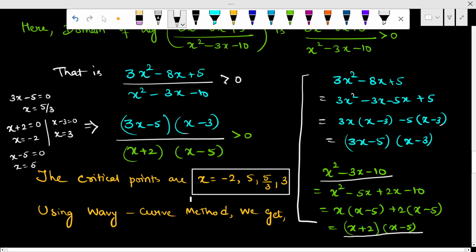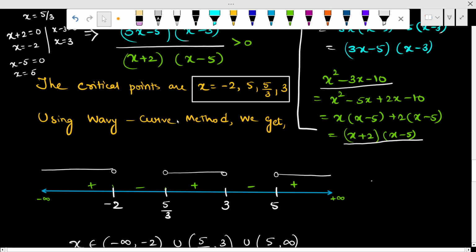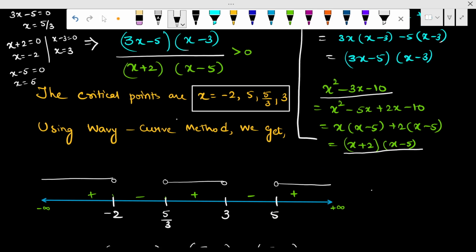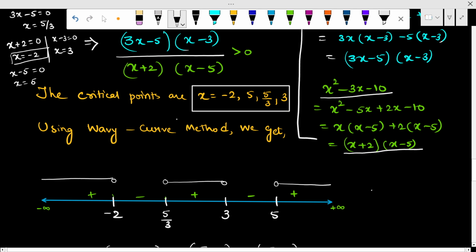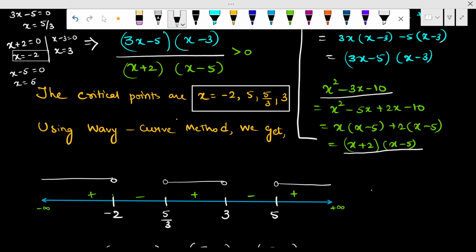Now we will use the wavy curve method. See this? Your x cannot be equal to minus 2. That's why we have not shaded this part. The signs are plus, minus, plus, minus, plus, but we need to take the positive only.